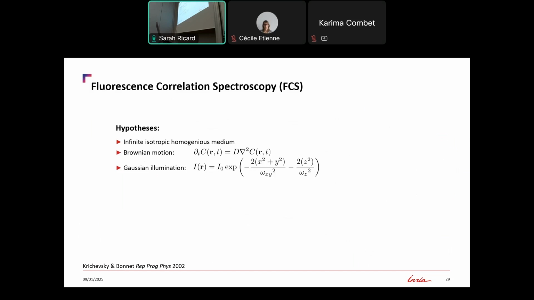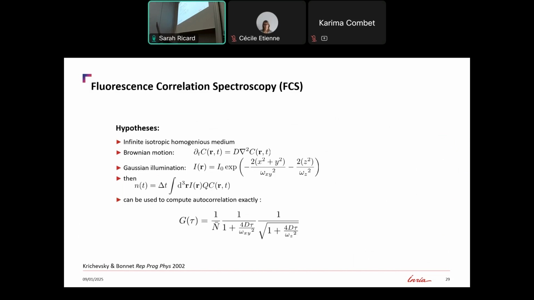If you do that, you can very simply compute the number of photons that are emitted per time unit. It's just C of R times the intensity at R, with this contribution of Q, which is the proportionality, some kind of cross section if you want. You integrate that, and what you get at the end, I won't do it, it's a simple calculation, is this exact autocorrelation.